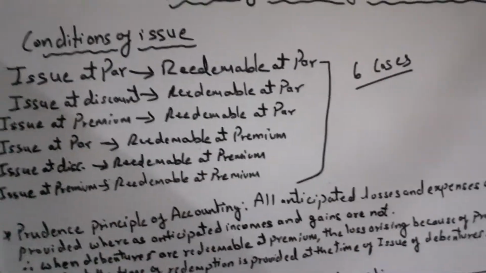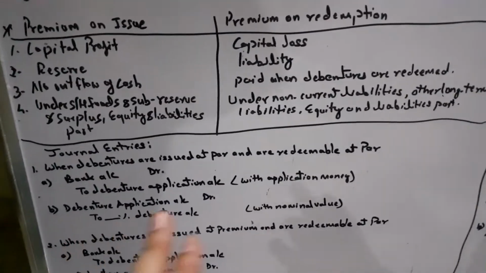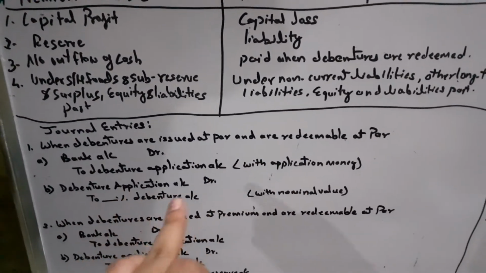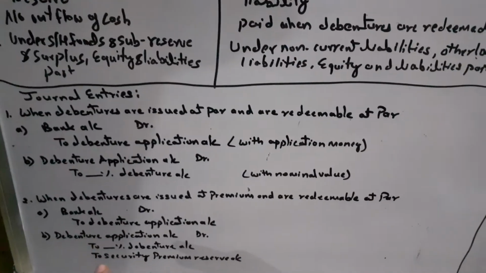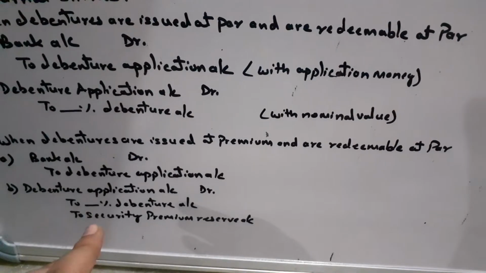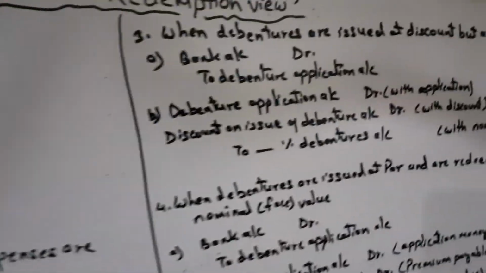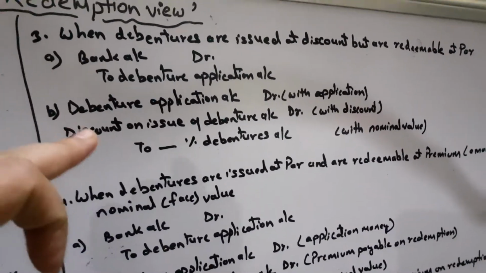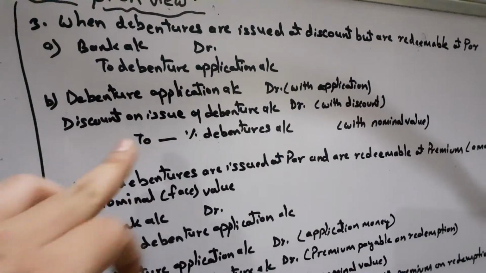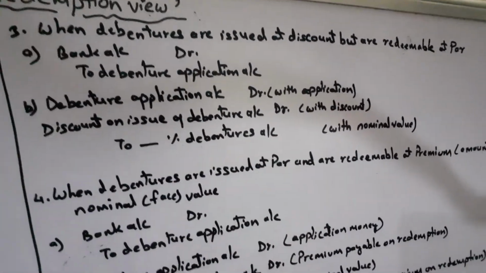You have to remember: when it is issued at par, the debenture application account is debited to debentures account. When issued at premium and redeemable at par, then debenture application debit, 2% of debentures to securities premium reserve account. When debentures are issued at discount but are redeemable at par, here debenture application account debit with application amount, discount on issue with discount amount will be debited, and 2% of debentures account.